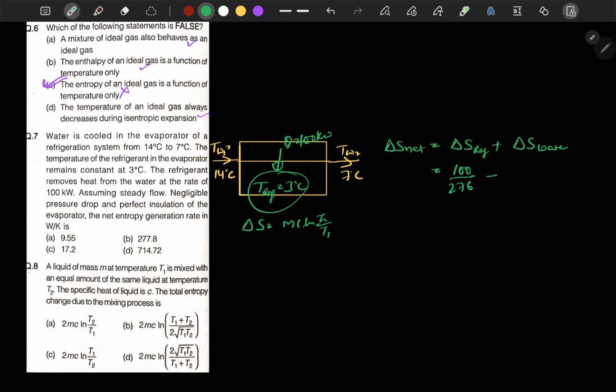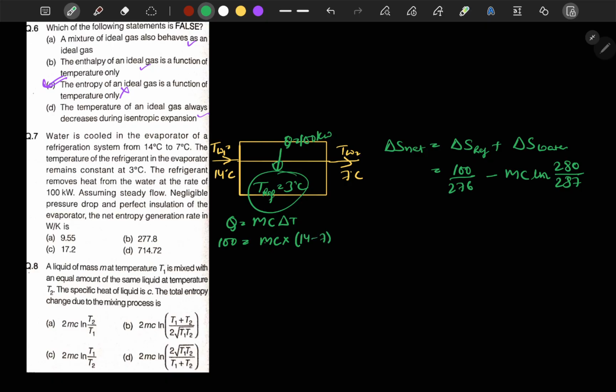Okay, so this delta S water can be written as MC ln of T2, which is 7 degrees Celsius, equal to 280 Kelvin, divided by 14 degrees Celsius, which is 287 Kelvin. But we know that the heat removed from water is equal to MC delta T, which can be further written as Q given at 100 is equal to MC into delta T, 14 minus 7.